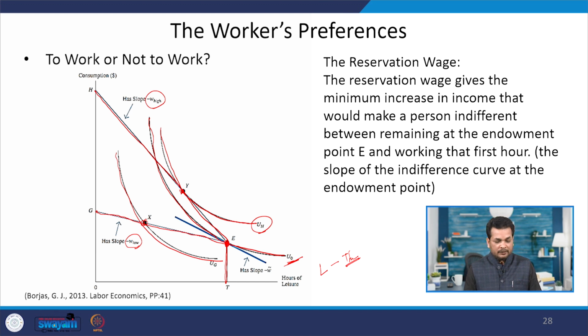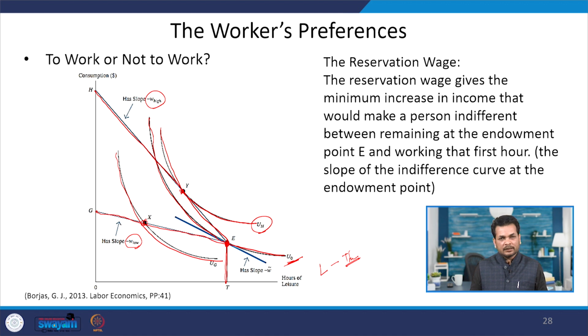So, there is a difference which bribes the worker between these two wage rates WL and WH, low wage and high wage.